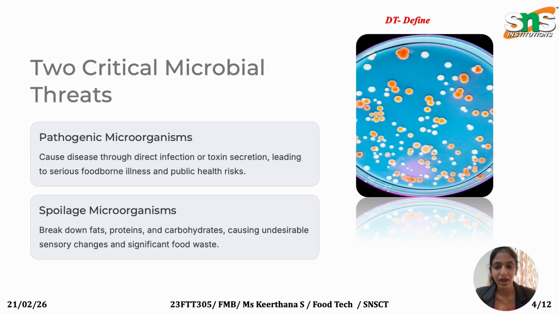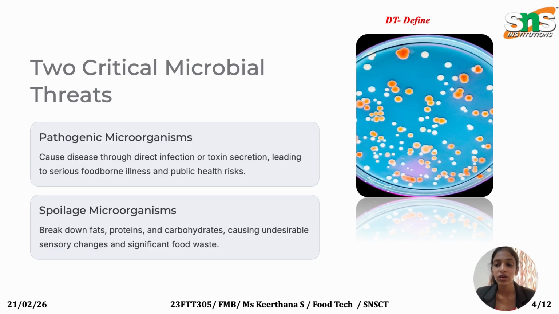So, the invisible battle. Meat, fish, poultry, and seafood are rich in protein, moisture, and nutrients. To us, they are nutritious foods. To microorganisms, they are a perfect growth medium. So microbes in these foods fall into two major groups. As displayed in the slide, the first is the pathogenic microorganisms and the second is the spoilage microorganisms.